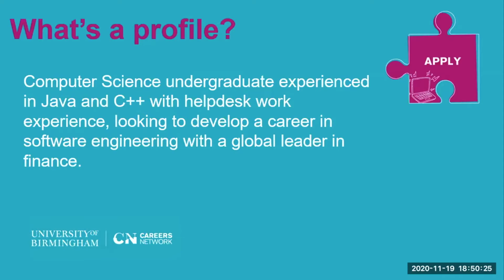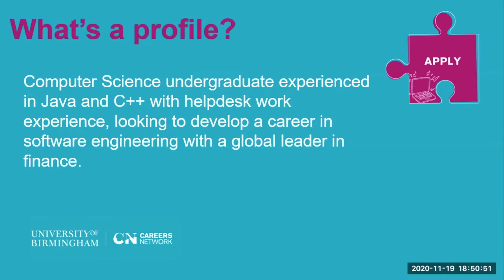So in this example, they've highlighted their degree course. They said they're a computer science undergraduate. So the employer in their head, that's a tick, because if they're looking for a computer science graduate, then that's a tick for them. They've mentioned that they're experienced in Java and C++, so presumably that will have been on the job description. That is something the employer is looking for, because this person has gone to the effort of mentioning it at the top of their CV in their profile.